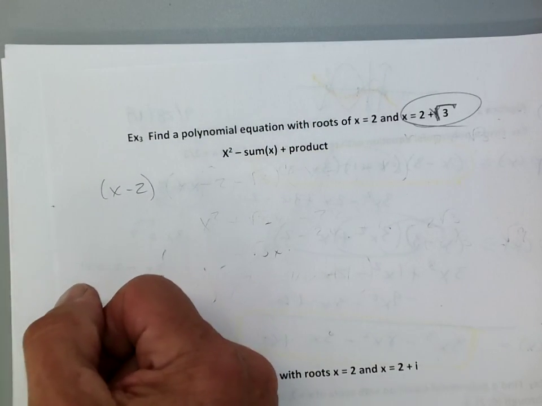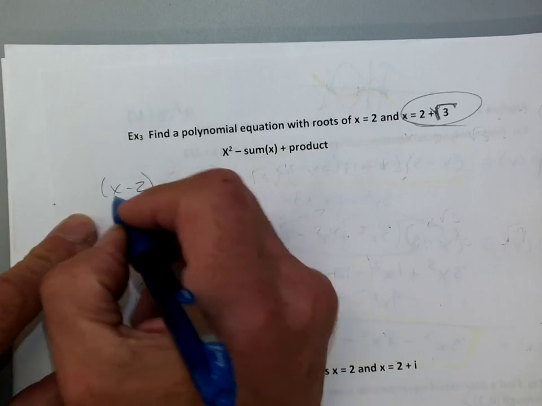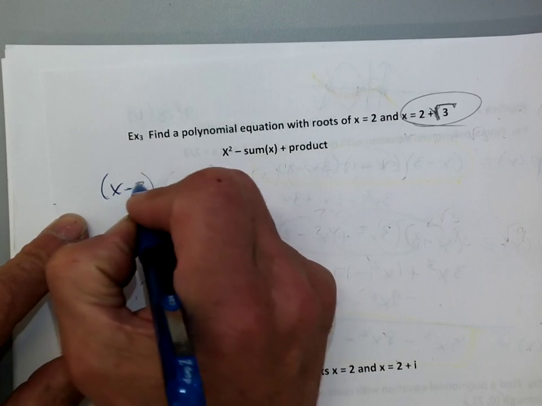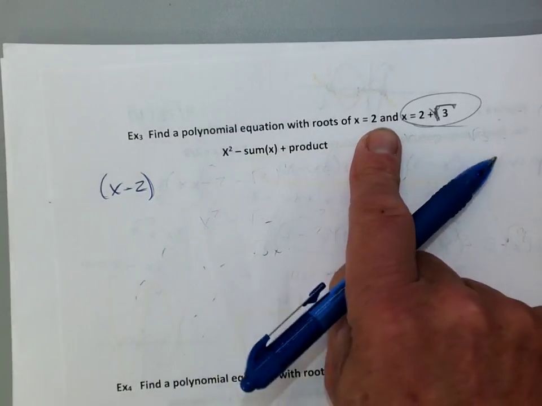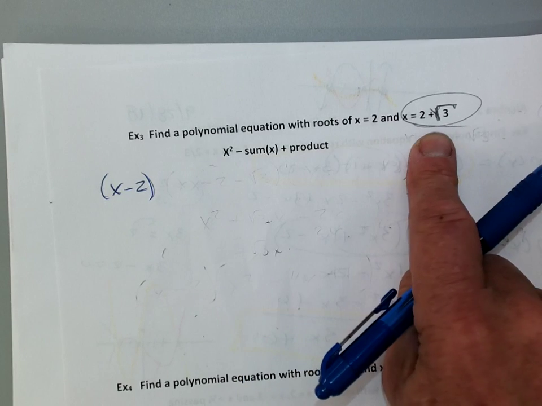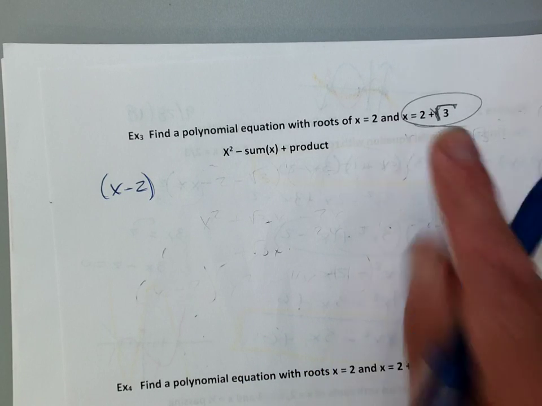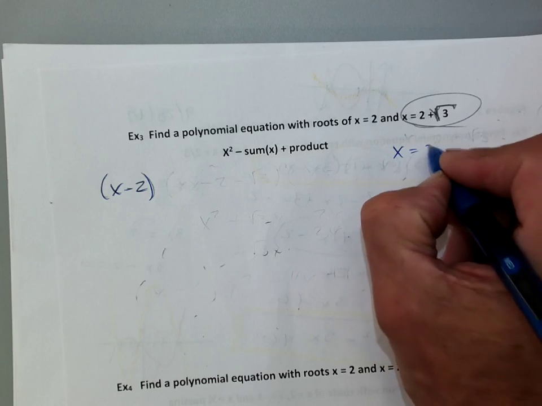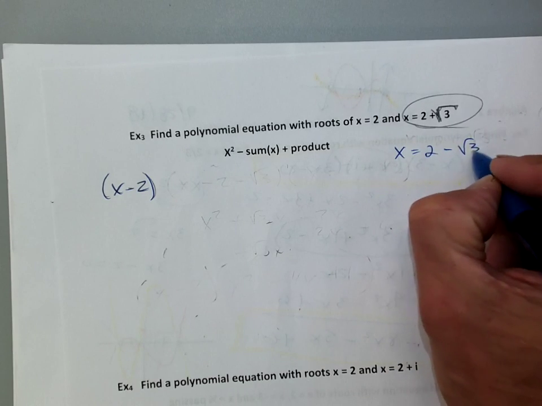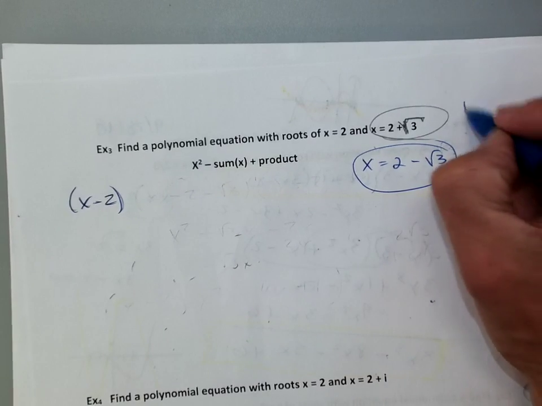So, here's what I'm going to do. I do know I need the x minus 2, because that's just a regular number, right? I know these come in pairs, so I know the other one is going to be an x equals 2 minus the square root of 3. They have to come in pairs, plus or minus pairs.